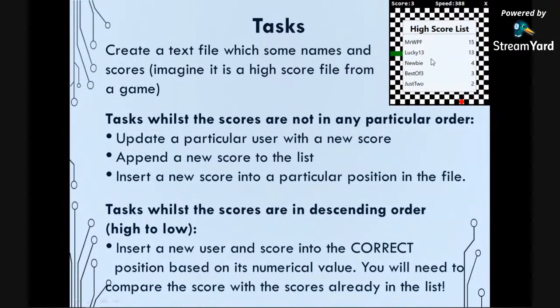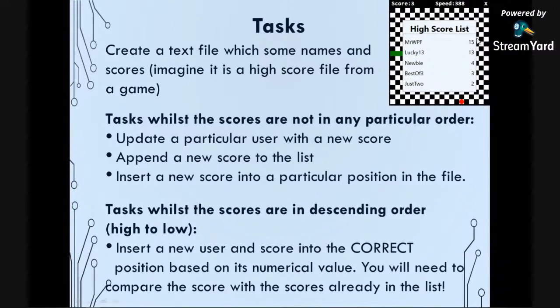And then if you have your tasks in descending order, so from high to low, then it would be good if you could be able to insert a new user and score into the correct position based on its numerical value. So what you'll need to do is read the scores that are already in the list and then compare the score. So you'll need to say, for example, you're trying to add the score of 11, right?